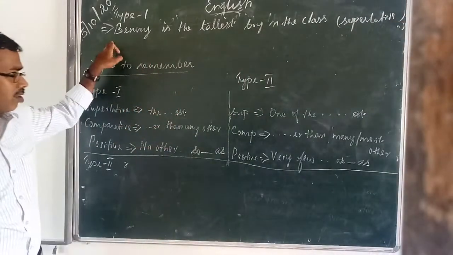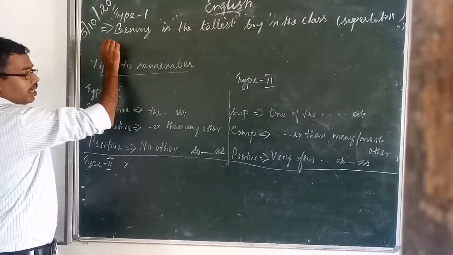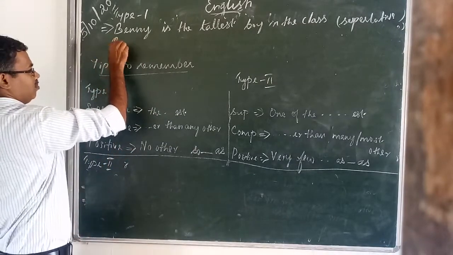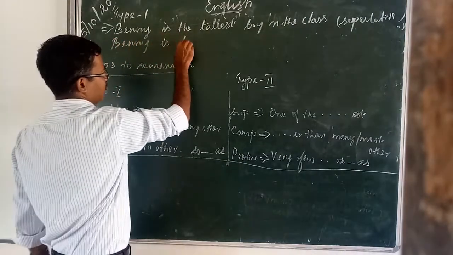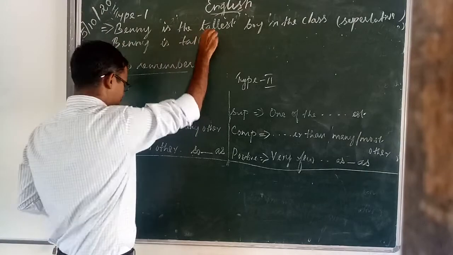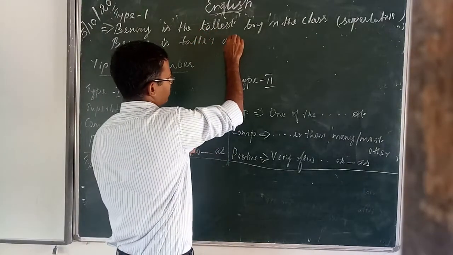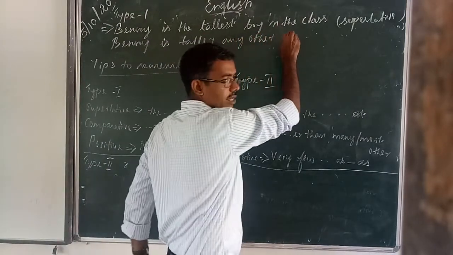Here, Benny is the tallest boy in the class. That is superlative. You have to write in comparative degree. Here, look here. Taller than any other boy.